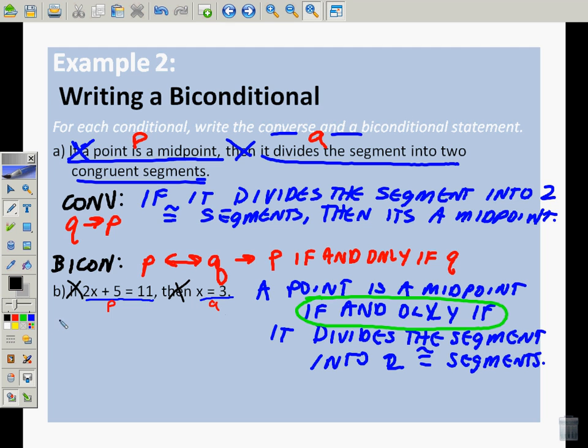If x equals 3, then 2x plus 5 is equal to 11. And here's my biconditional. It's, remember, P, double-headed arrow, Q, and it is 2x plus 5 equals 11.